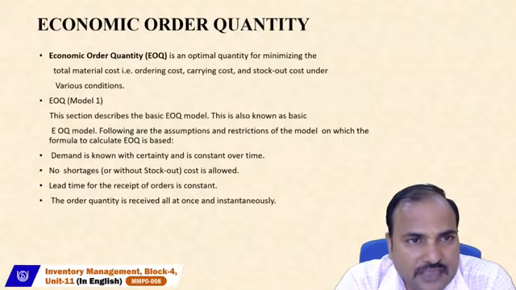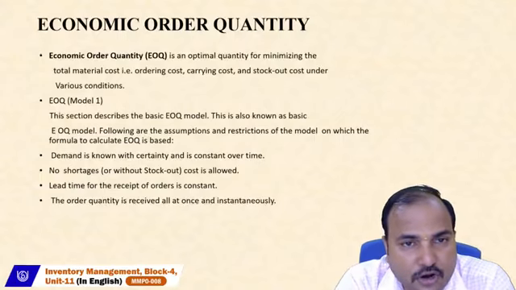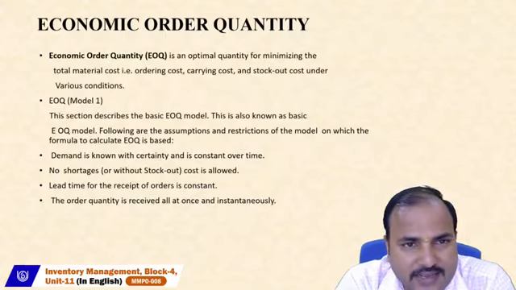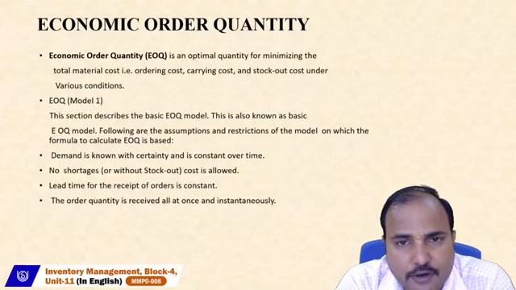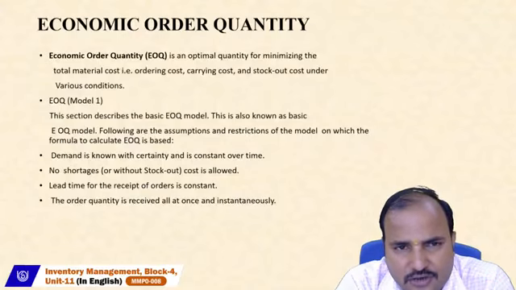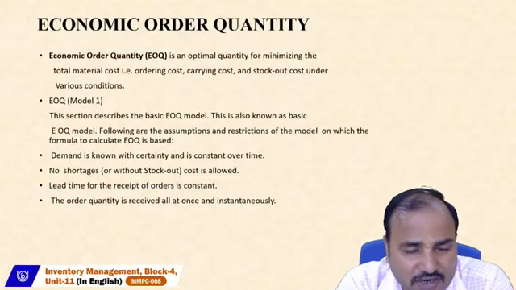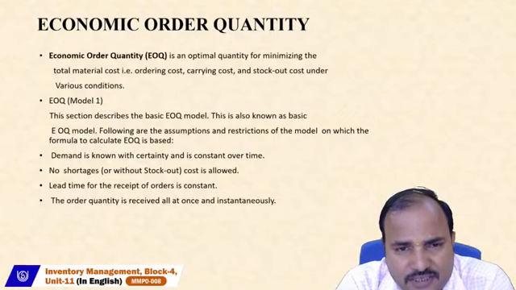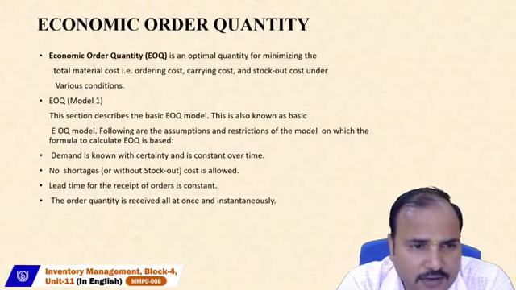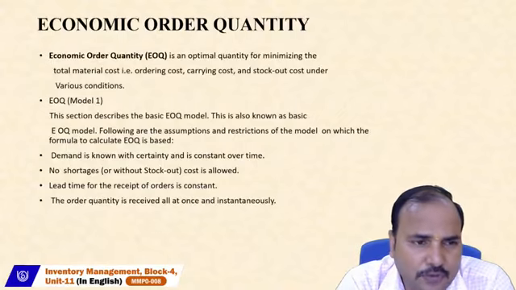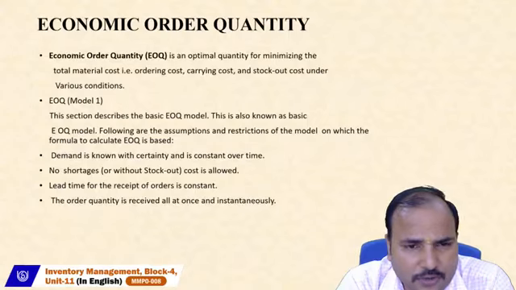Let us know about the economic order quantity. Economic order quantity is an optimal quantity for minimizing the total material cost. That means the ordering cost, carrying cost, and stock out cost under various conditions. This section describes the basic EOQ model, and there are the following assumptions and restrictions of the model on which the formula to calculate the EOQ is based.